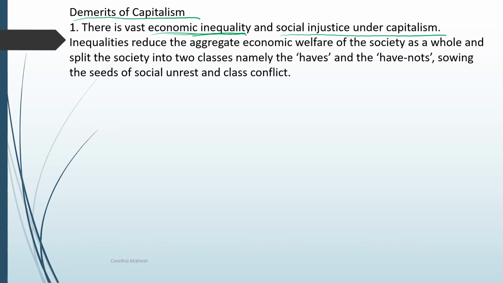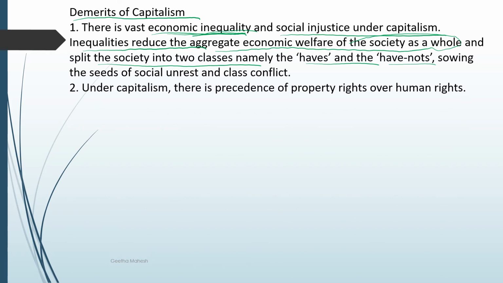When there are economic inequalities, there will be a gap between haves and have-nots, because the inequalities reduce the aggregate economic welfare of the society as a whole, and it splits the society into haves and have-nots, and the difference between these two classes will increase.